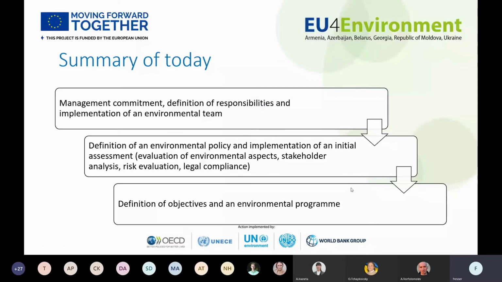These are the basic steps, and if we have done this properly, it's already 40% of the work when establishing an environmental management system. We have created the buy-in of management. We have convinced management. We have brought them aboard. They support our project. We made an environmental policy and an initial assessment.